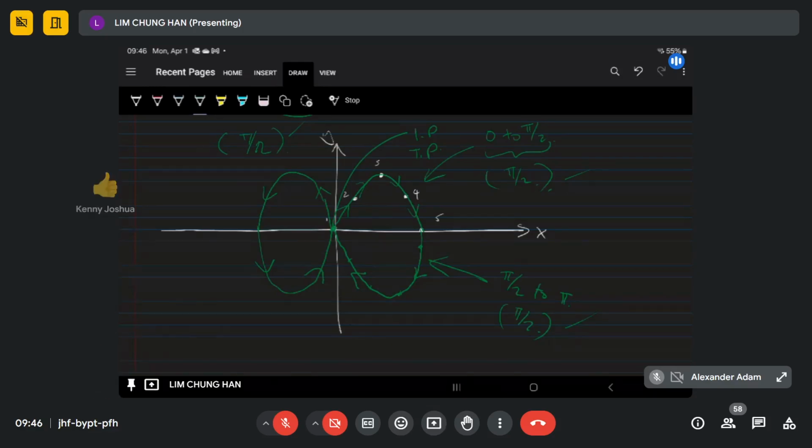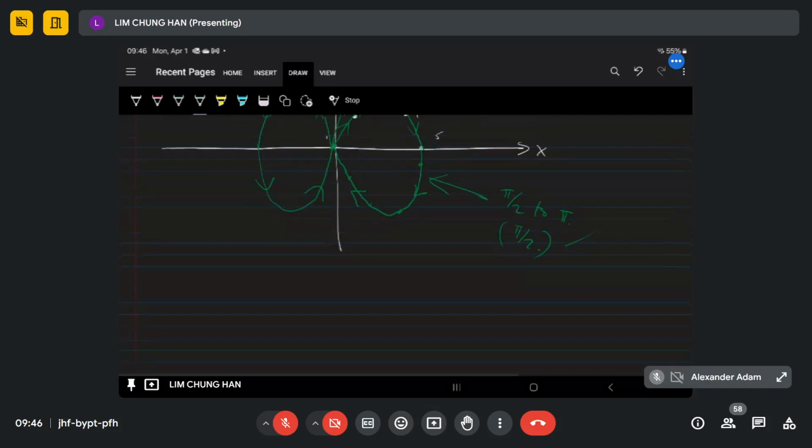You can either plot from 0 to 2 pi, or you can plot from 0 to pi over 2, and then you mirror up and down, left and right, to get the same answer.